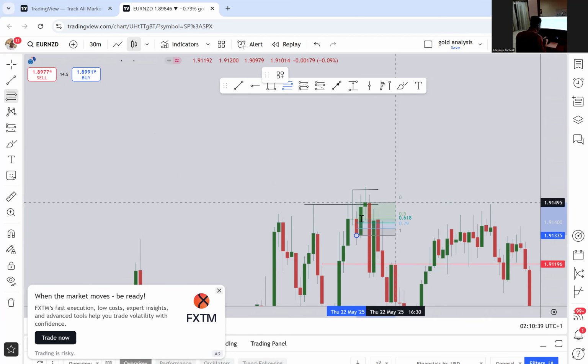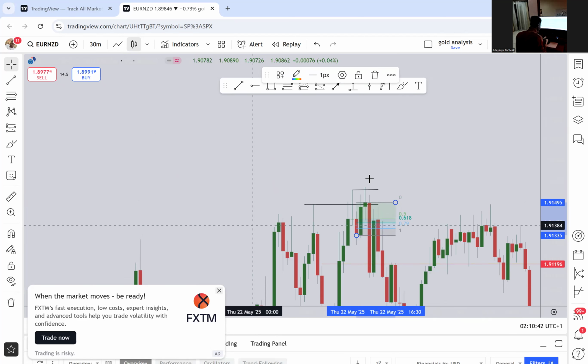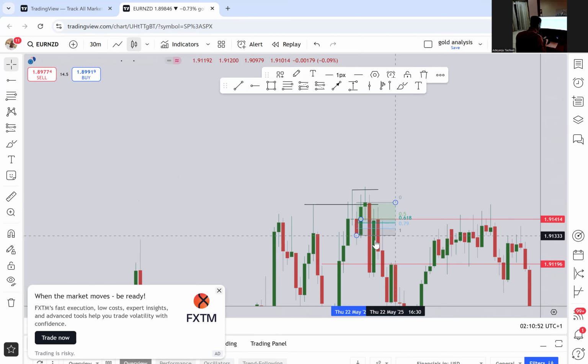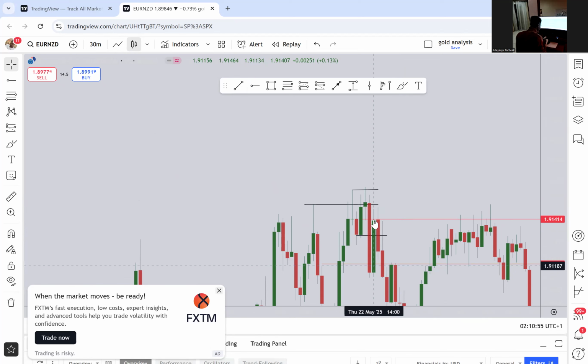So our 50% would be here. Even though for this type of trade I don't always use 50%, the 50% here has already been activated. And you can see the next green candle that opened came here, tapped it, and immediately started going downward.